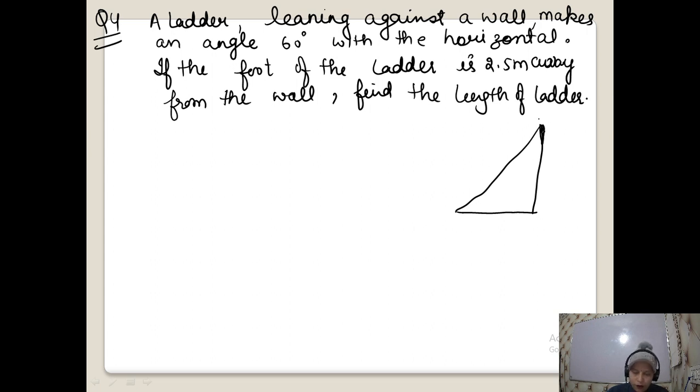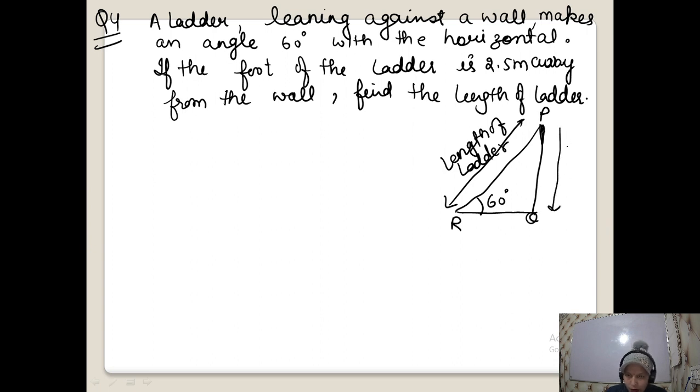You can give names P, Q, R. It makes an angle of 60 degree, and this is the length of the ladder, and this is the height of the wall.